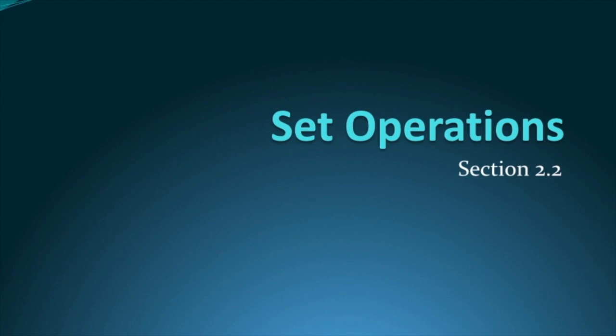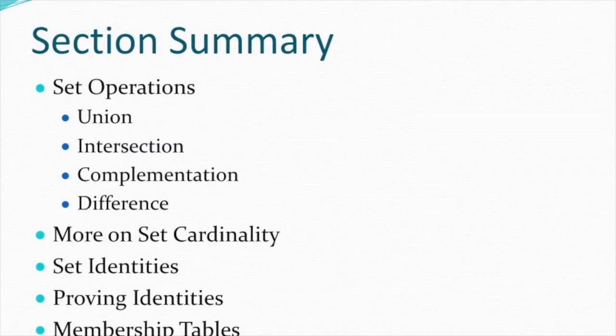Now, with set operations, we have specific operations that we can use with sets and the elements of the sets. So we will speak about how we can make a union between two sets, how we make an intersection, and how we can complement a set and find the difference between two sets.